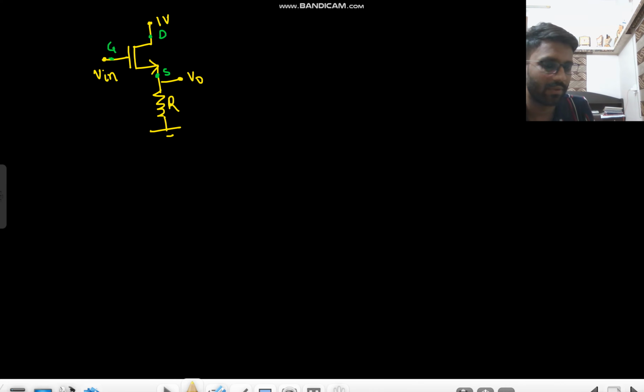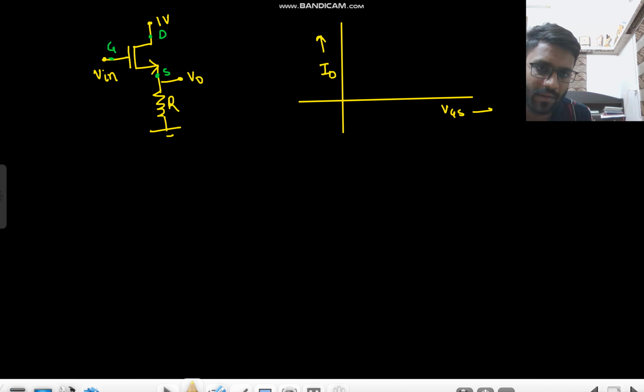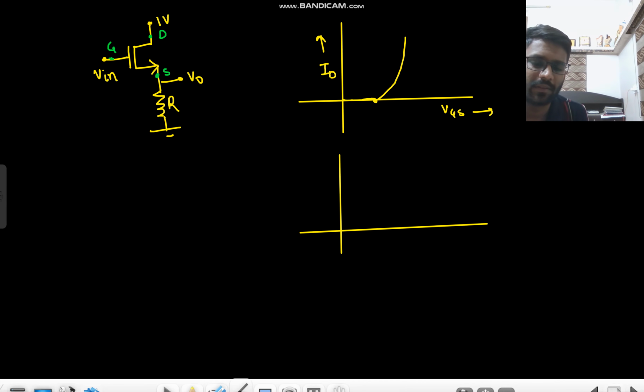When there is a current flow, we can see the characteristics ID versus VGS over ID versus VDS. So these will be used as well. So I am already drawing it. ID versus VDS.